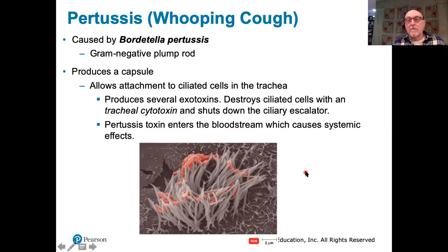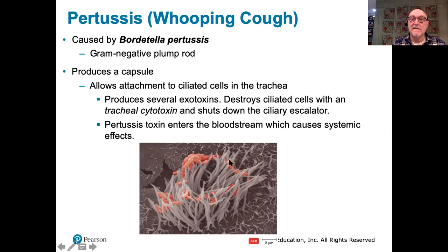Okay, so here's another common childhood illness caused by a bacterium, but also efficiently dealt with by a vaccine. And this is whooping cough. This is Bordetella, and it's Bordetella pertussis. It's a gram-negative rod. Here it is in the scanning electron micrograph, and you can see this is its typical habitat.